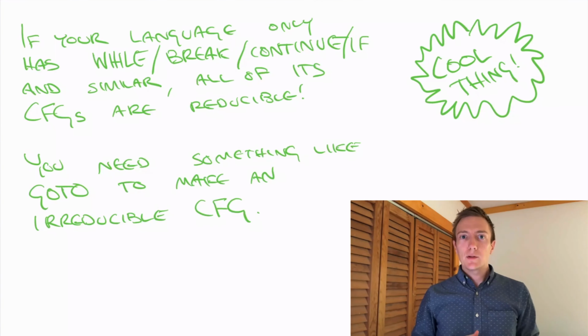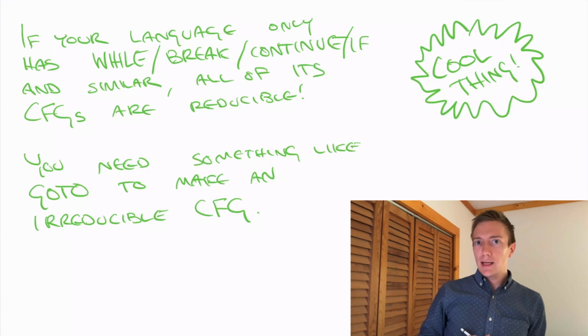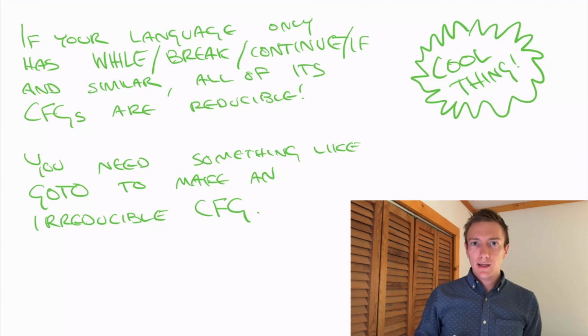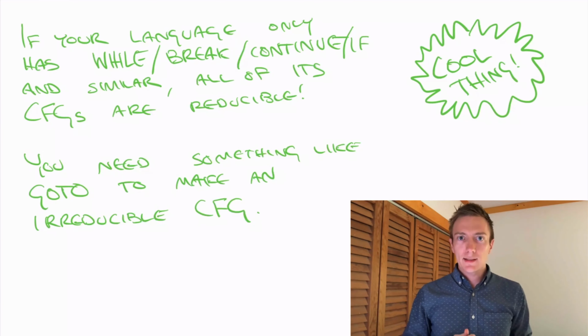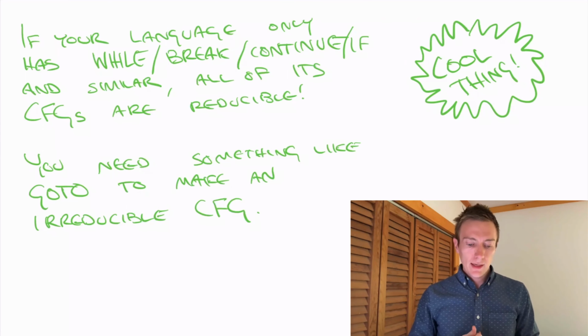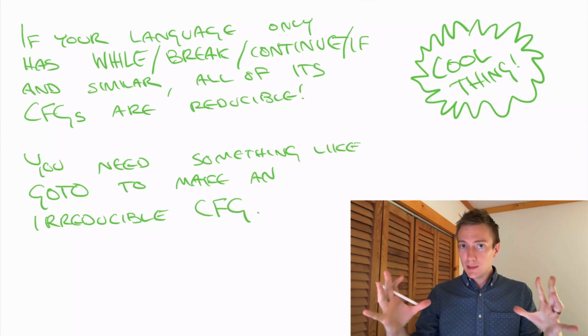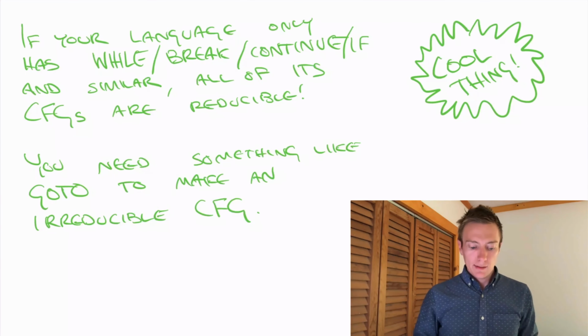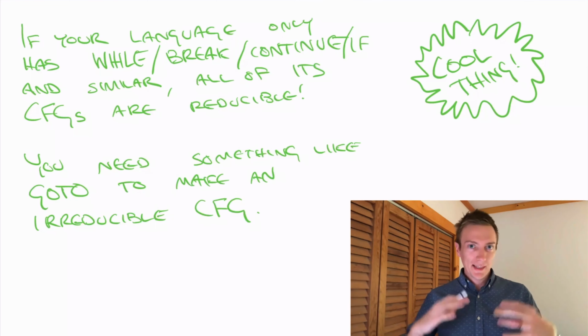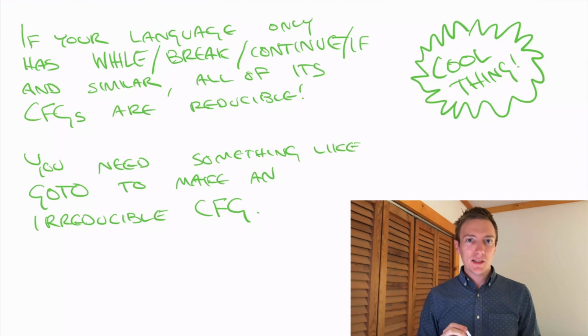If you don't have that and you only have the nice, well-behaved post-Dijkstra language constructs to do control flow in your language, then every CFG you can possibly make with that language is reducible. So it's actually a nice coincidence, I guess, that this way that we all believe we should program, in a goto-free style, just using the normal looping constructs of modern programming languages, yields well-behaved CFGs in the way that we saw before.